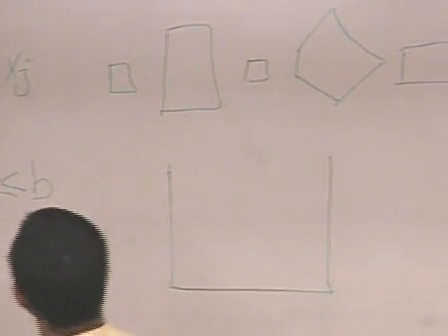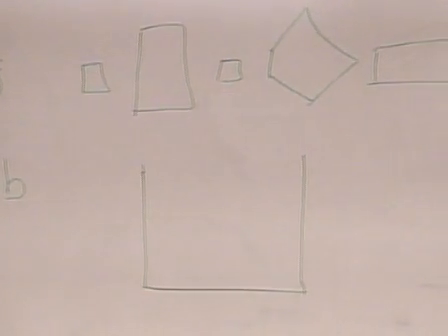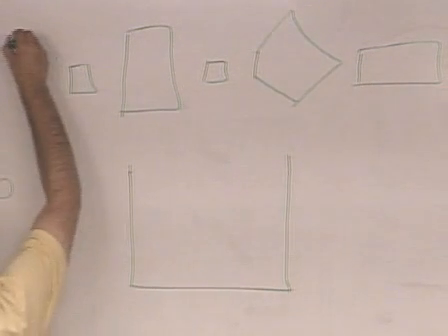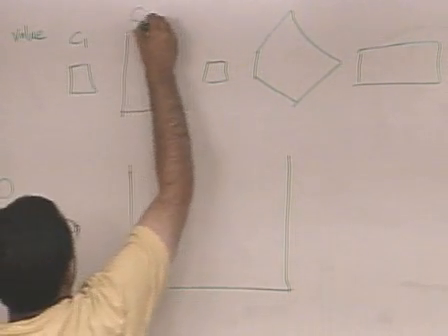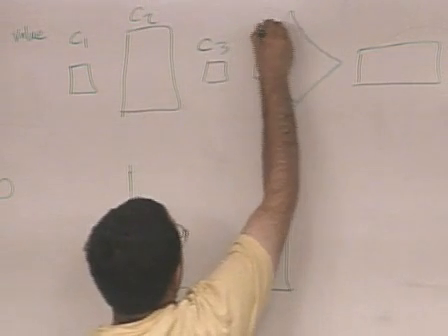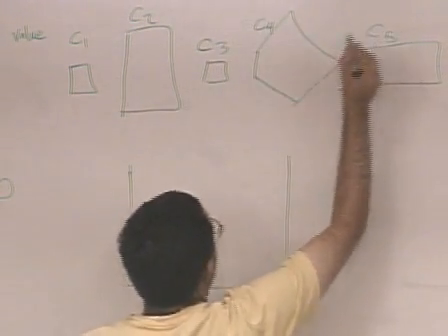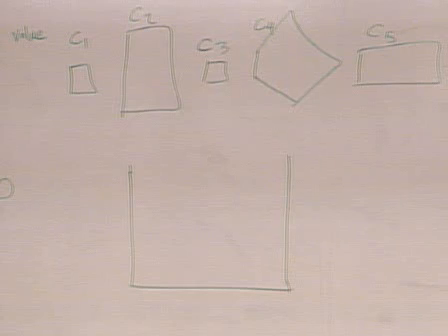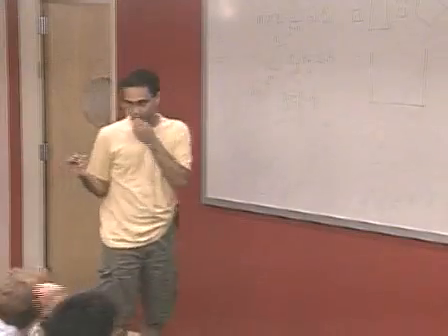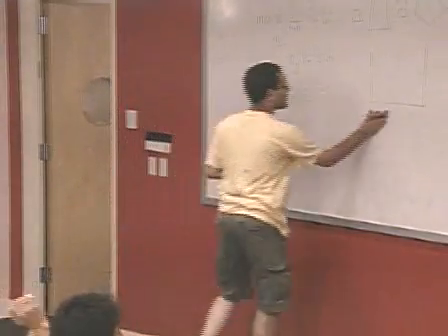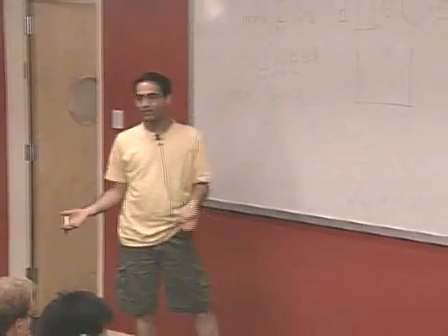Each of these objects has a value, which we call C1, C2, C3, C4, and C5. And each of them has a weight, volume, some kind of physical characteristic, and our knapsack is limited in that characteristic.